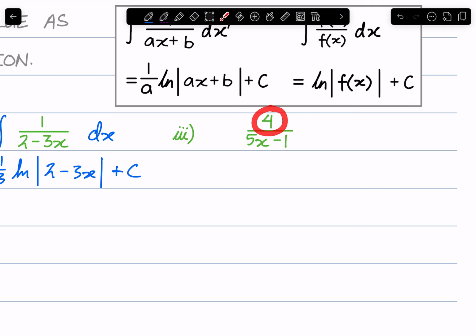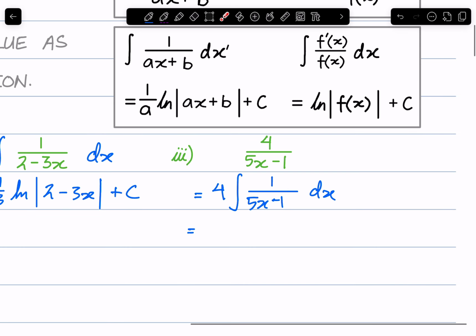And notice this time we have this 4. So if this is confusing for you, we can always just factor this out. So 4 integral of 1 over 5x minus 1 dx.